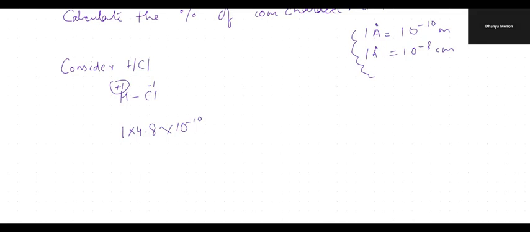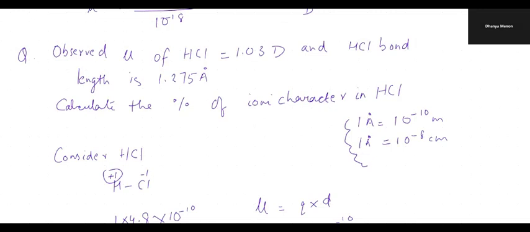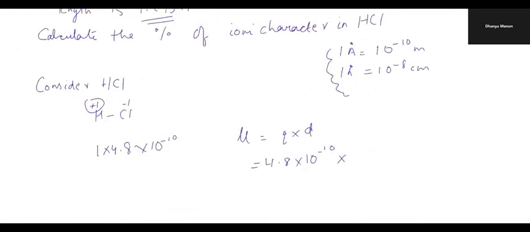So mu is equal to Q times D. The charge is 1, so I'll write it directly, 4.8 times 10 raised to -10, and the distance given is 1.275 Angstrom.